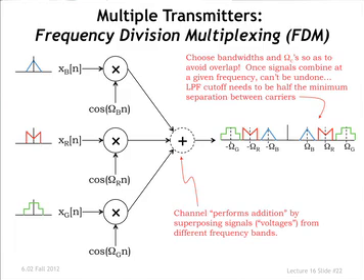And the idea is very simple. You've got three signals here in this illustration, the blue signal, red, and green. Pick a carrier frequency for each of them. Do the modulation, and then just add them on the channel. If you've got a linear medium, then the signals will superpose. So what's received is just a sum of these.